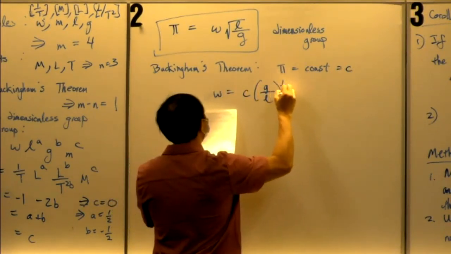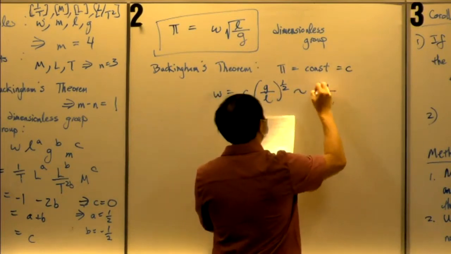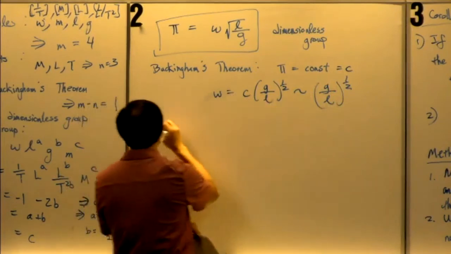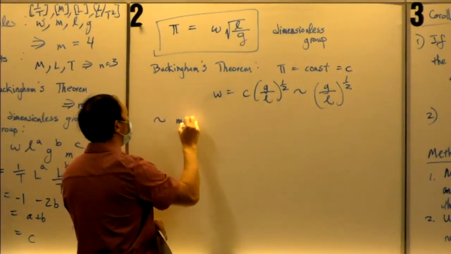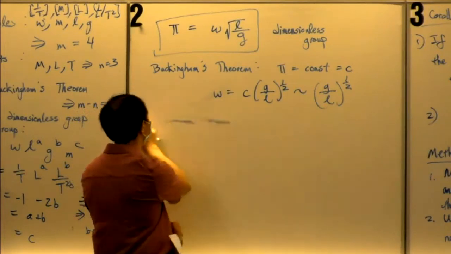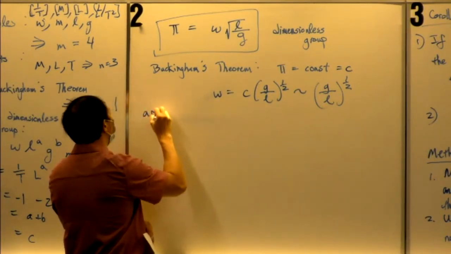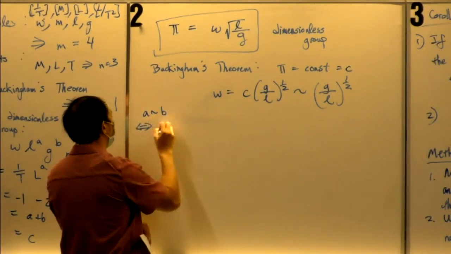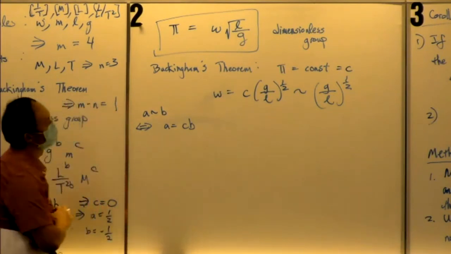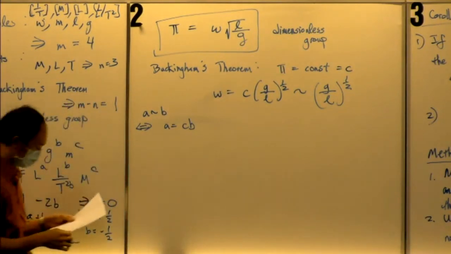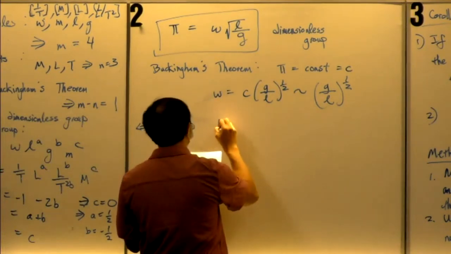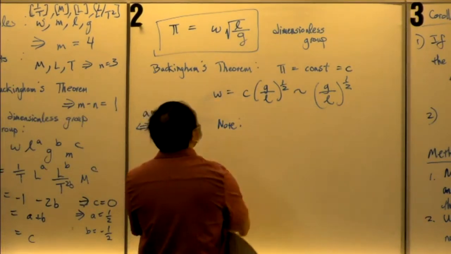So this scales simply as equality up to a constant. A scales as B. Okay.